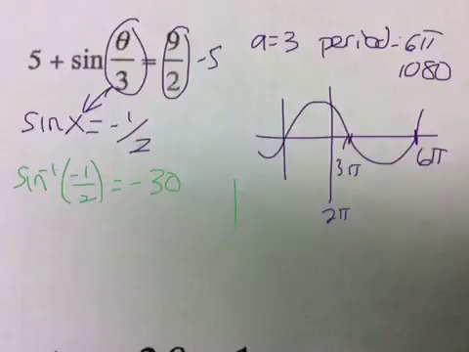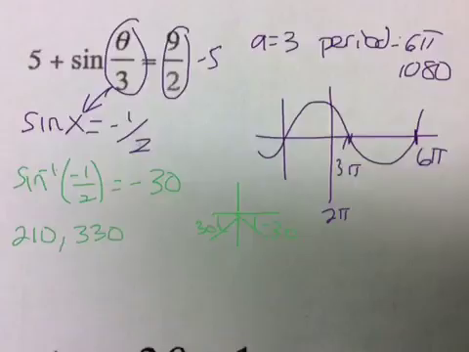So thinking about the unit circle, here's -30. And so the other 30 would go over here. So really our 2 answers are 180 plus 30, so 210, and 360 minus 30, so 330.